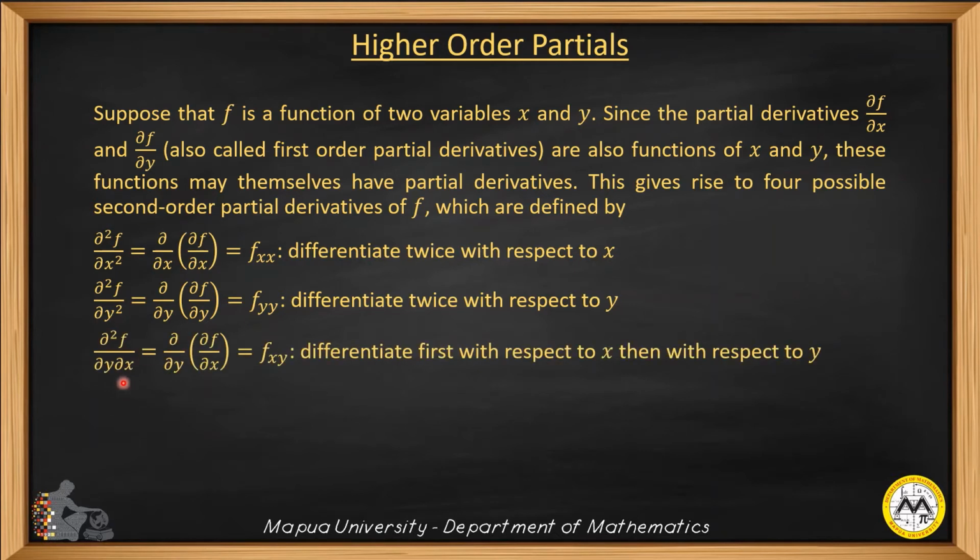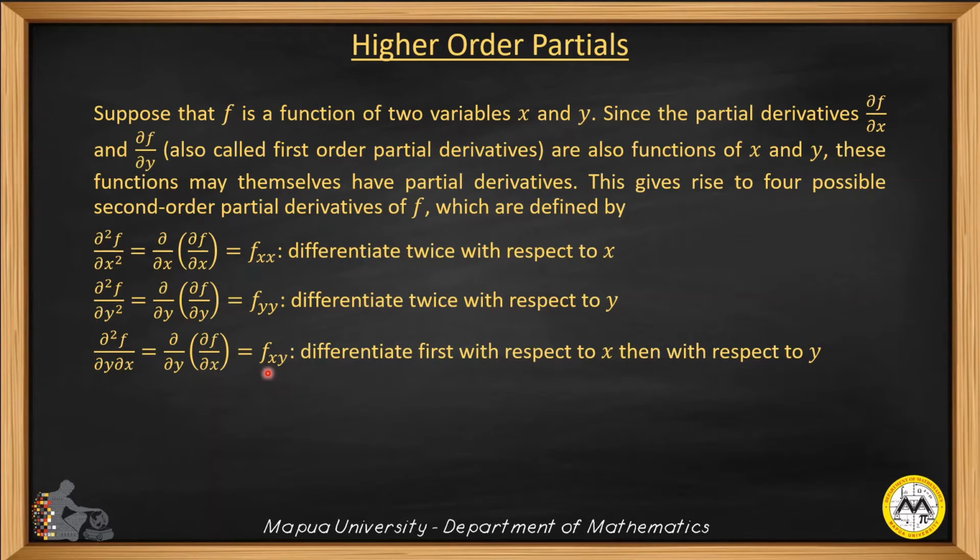Here we're differentiating the partial derivative of f with respect to x with respect to y. In doing so, we define the second partial derivative of f with respect first to x, followed by y. If you use a notation of this form, then it is given as f sub xy.